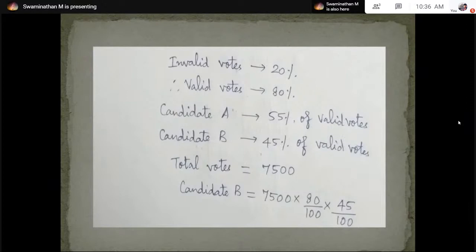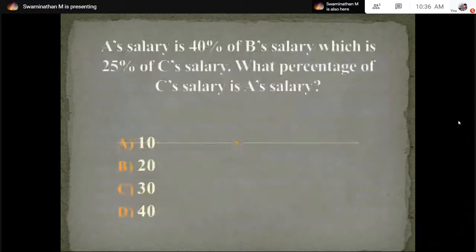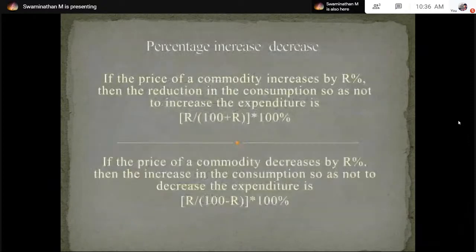I hope the formulas will be sufficient. You have to apply these formulas. Other general problems I have given, only the formulas with the population and all. The examples for population and all I haven't given. Hope you will be able to apply those formulas.